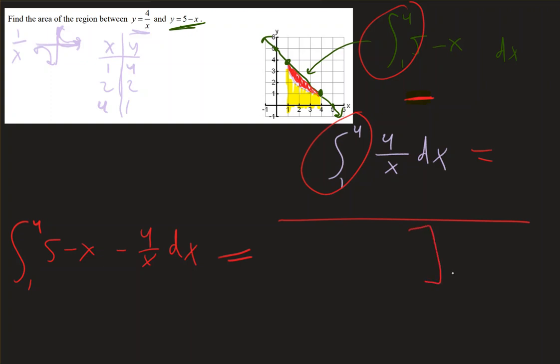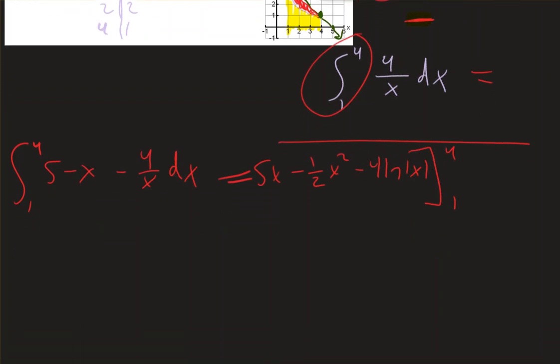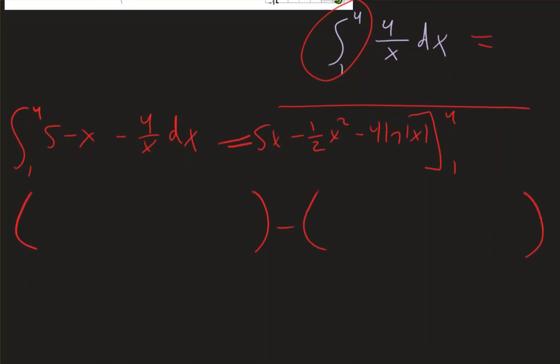And then I can integrate each one of those, so this would be 5x minus 1/2 x squared minus 4 natural log absolute value of x. And so then we can plug in the 4, then plug in the 1, and subtract those, and then we should come out with our answer.